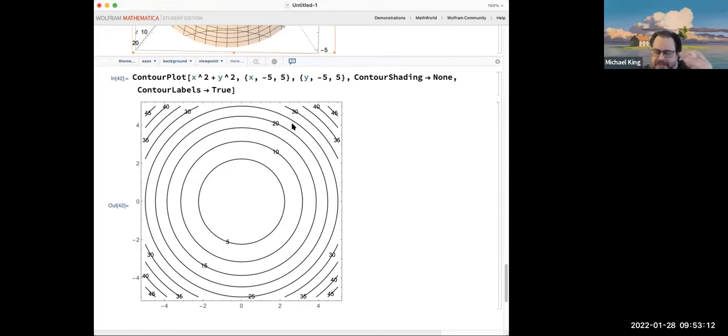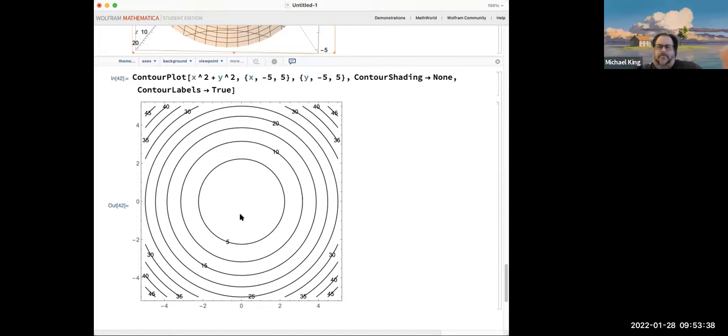But when z was 4, we got 4 equals x squared plus y squared, which was radius square root of 4. That was radius 2. If we go to height 9, we get radius 3. If we go to height 16, we get radius 4. So we have to go higher each time to get the same growth in the radius. That's why these are getting closer together.